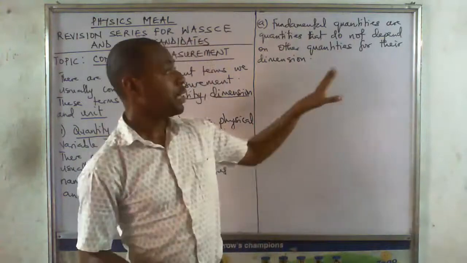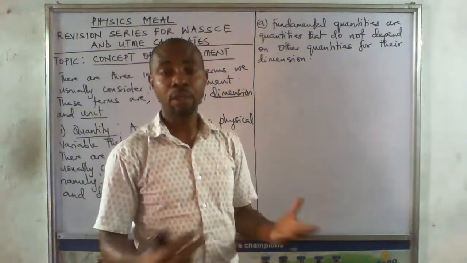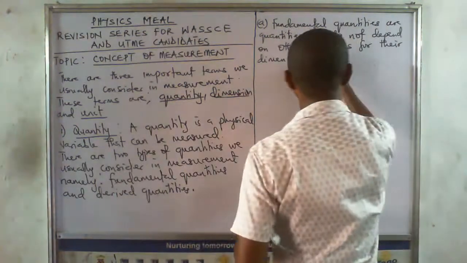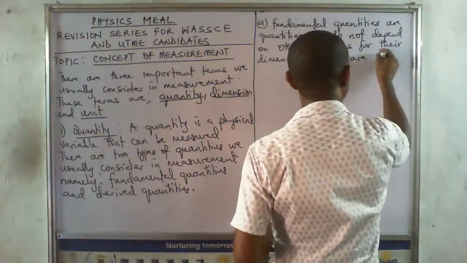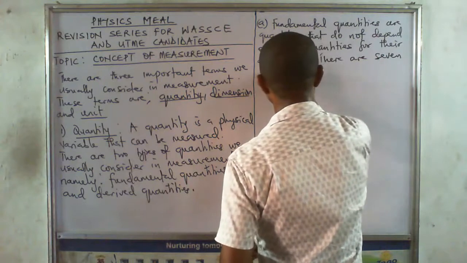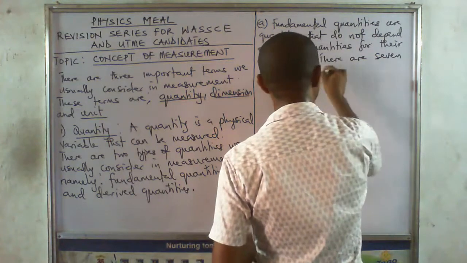Now, there are seven common fundamental quantities.